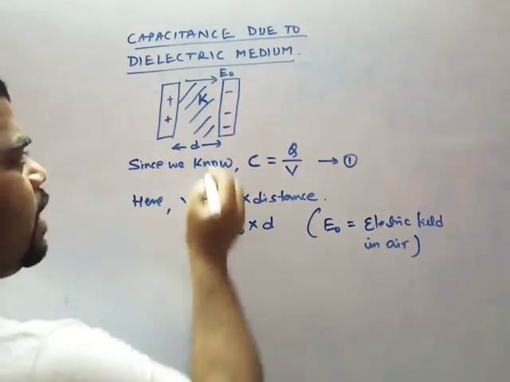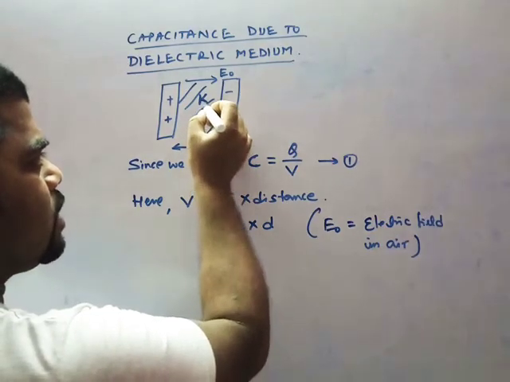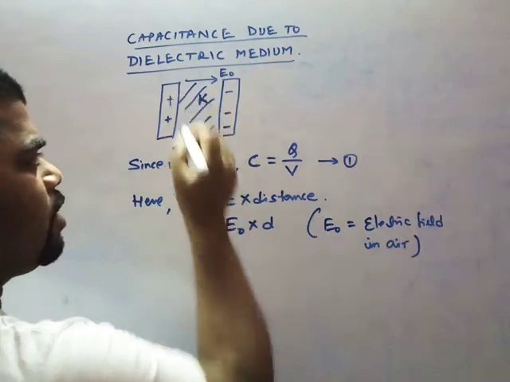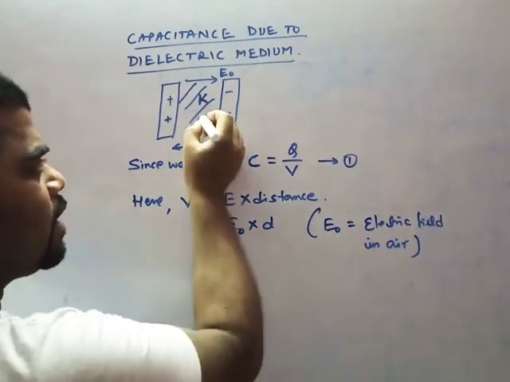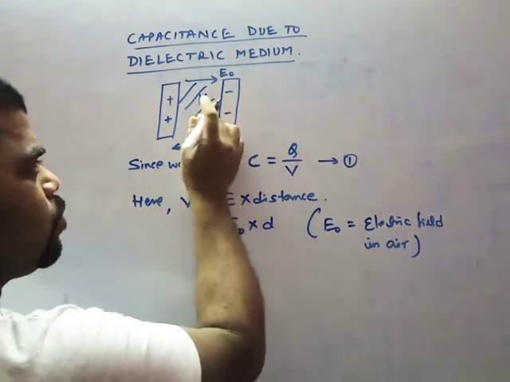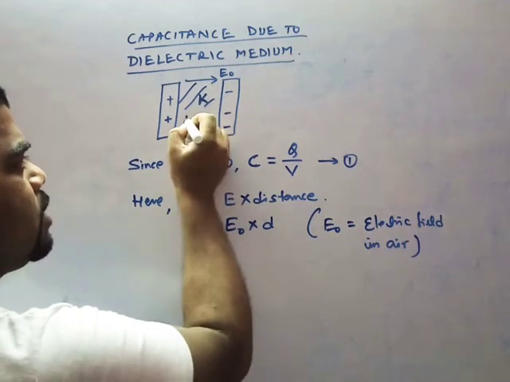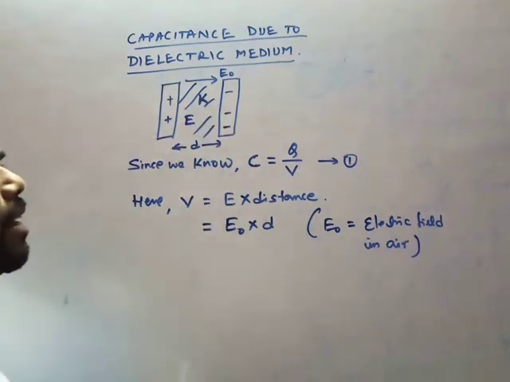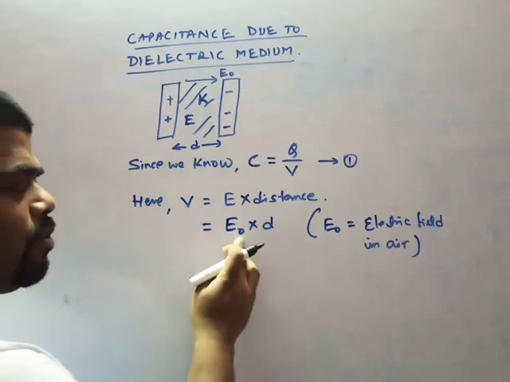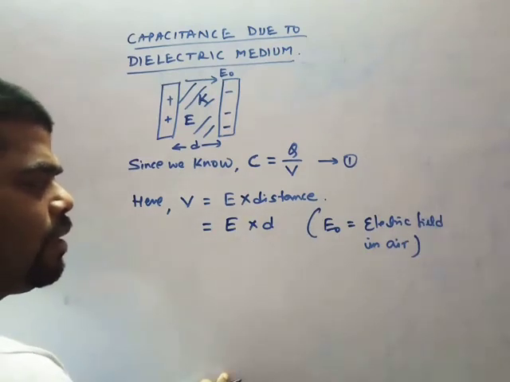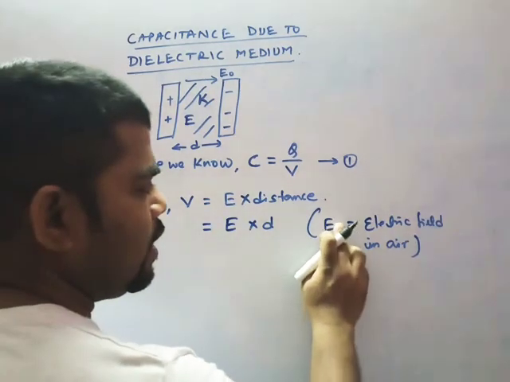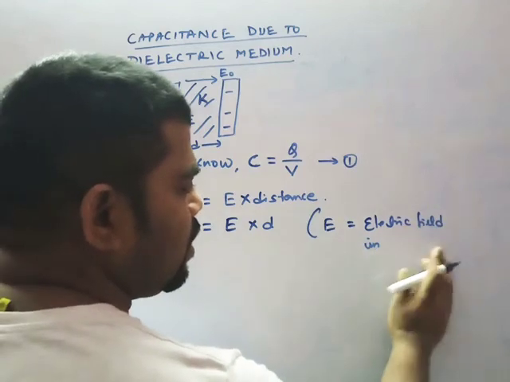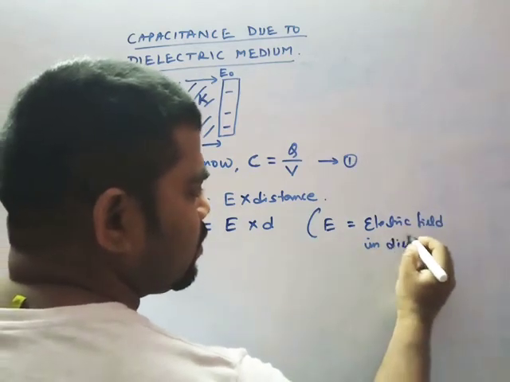I will say the electric field of the dielectric medium is, suppose, E. I will write only E. And what is E? E is the electric field in the dielectric.